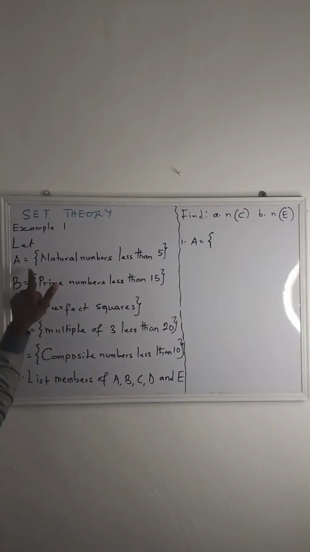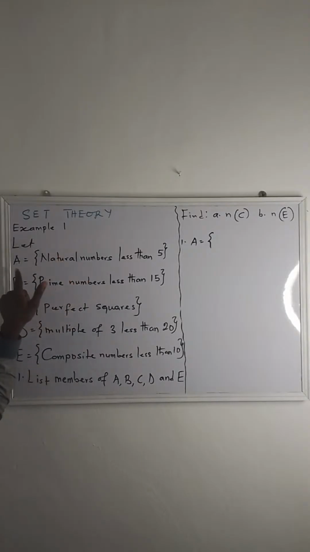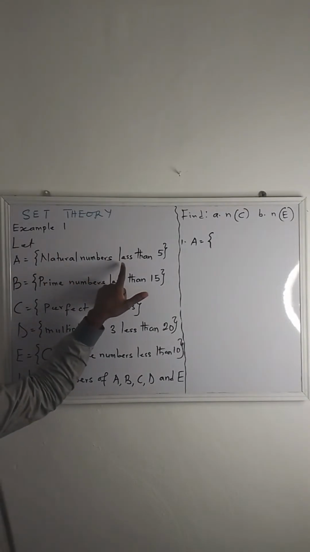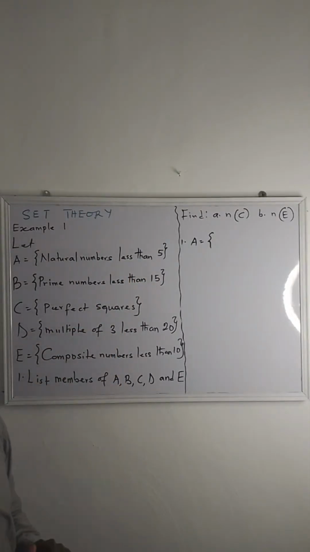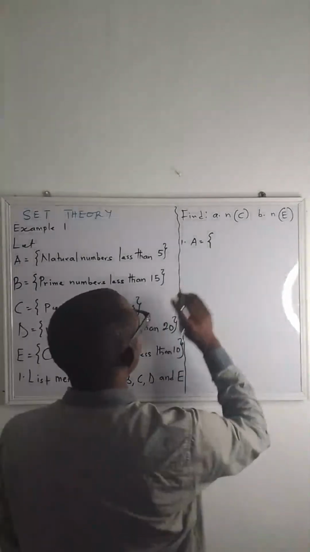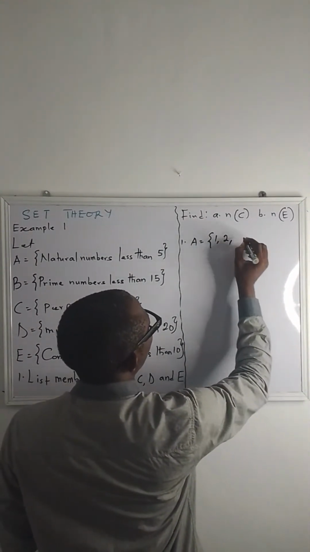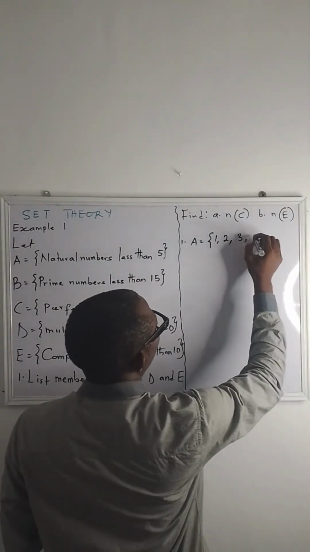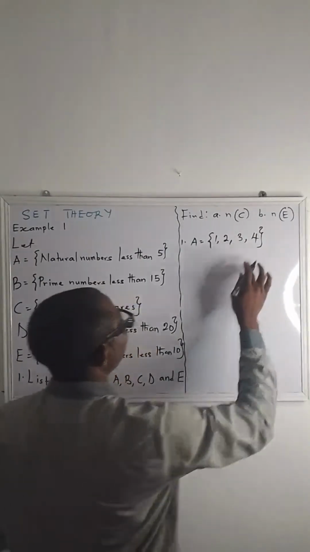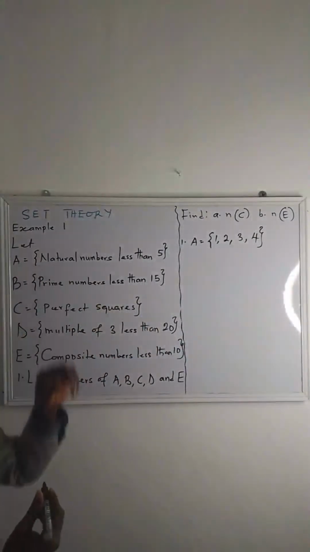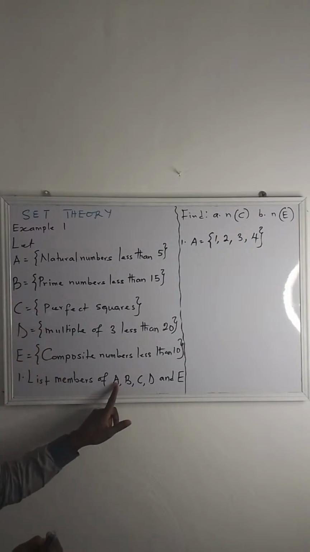This one is well defined, and that's what we call a set. Now, the set of natural numbers less than 5: I'm listing natural numbers that are less than 5. So the first natural number is 1, followed by 2, followed by 3, and 4. All of these are less than 5, and they are natural numbers. So that answers this first one.